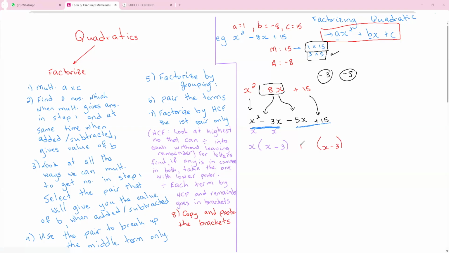Next, ask yourself, what would I multiply by out here, by inside, to give me the last pair? So I'm going to write that as the next rule.